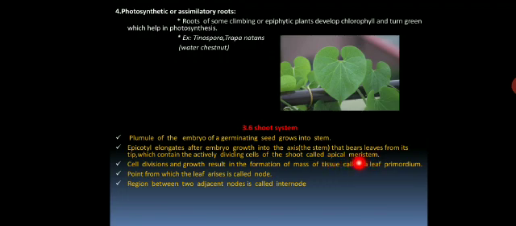In the apical meristem, cells divide fast, so cell division occurs at the same time. The tip portion is free from microorganisms, especially viruses, and growth results in the formation of a mass of tissue called leaf primordium.